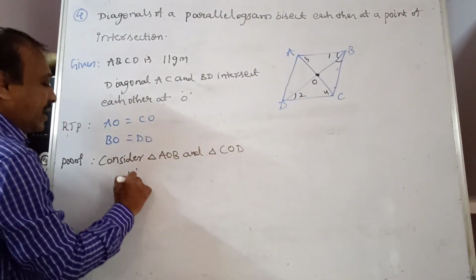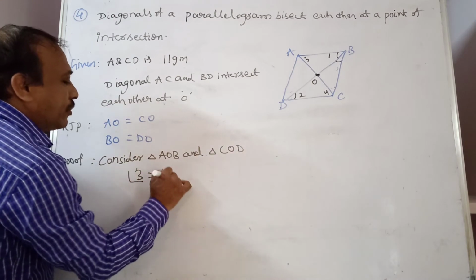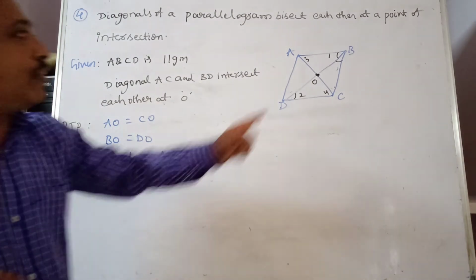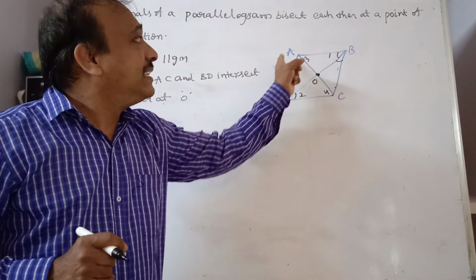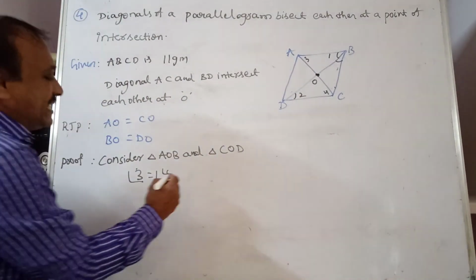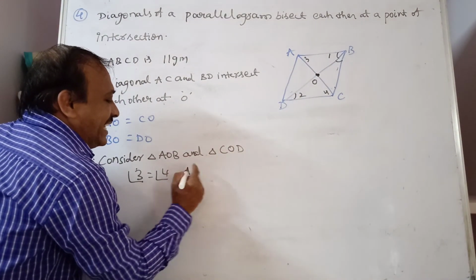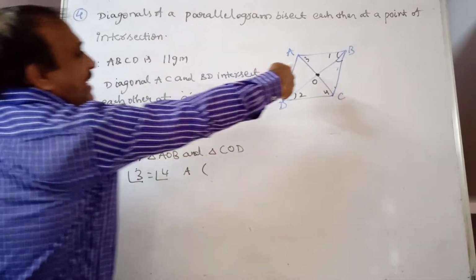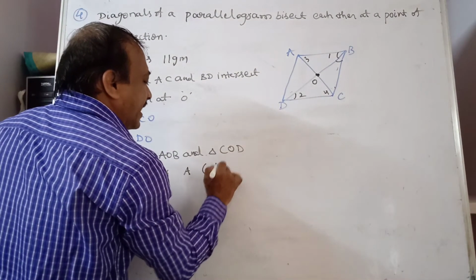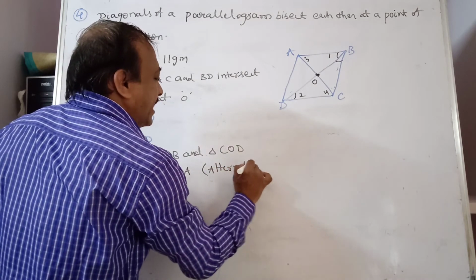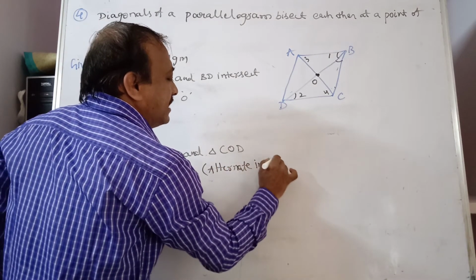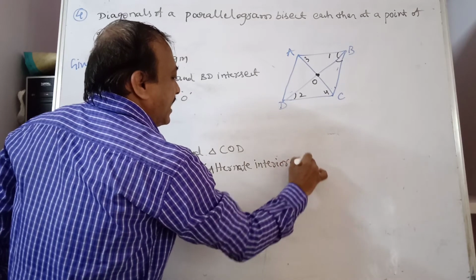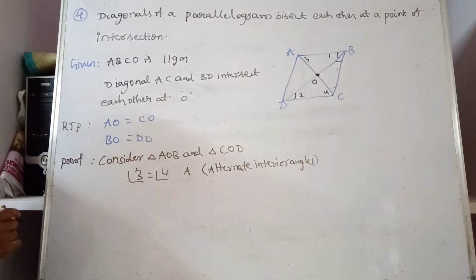Why is angle 3 equal to angle 4? Because the line AB is parallel to DC, they are alternate interior angles. So 3 is equal to 4.